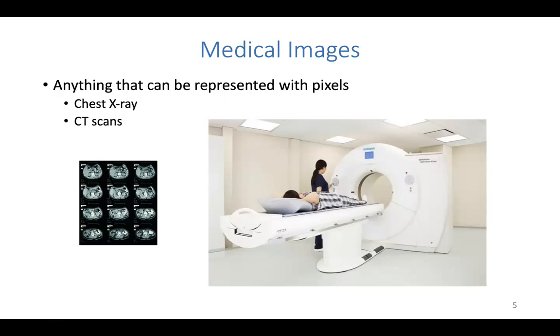Your entire torso can be captured, entire organs can be captured, because all your organs reside between your neck and your legs, in your belly. So using CT scans, you can take the entire image of your internal organs.